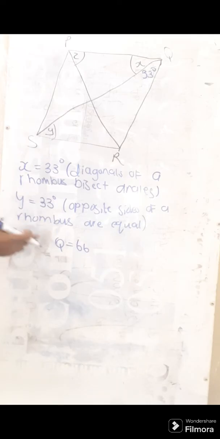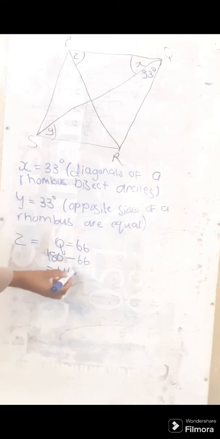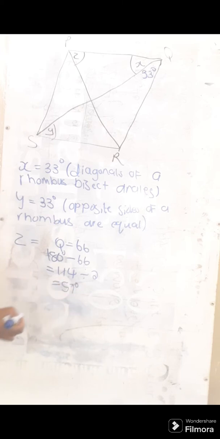So it means that Q equals 66. So we'll say the sum of a triangle is 180. So 180 minus 66, you will get 114, and then you divide it by 2 to get this size, and that is going to be 57 degrees.